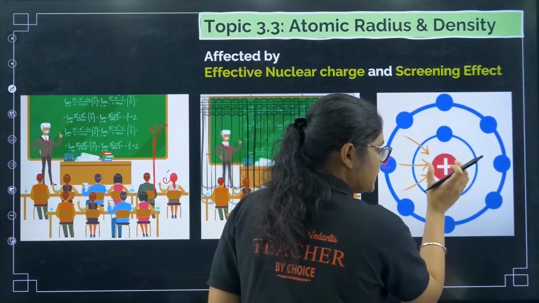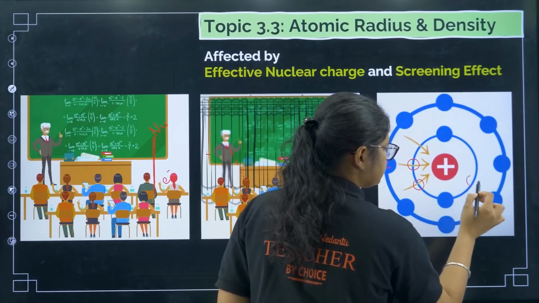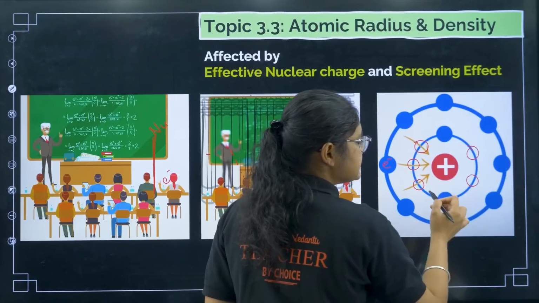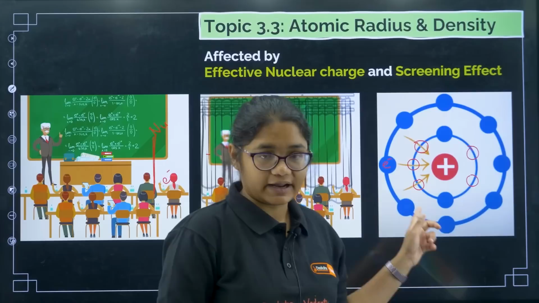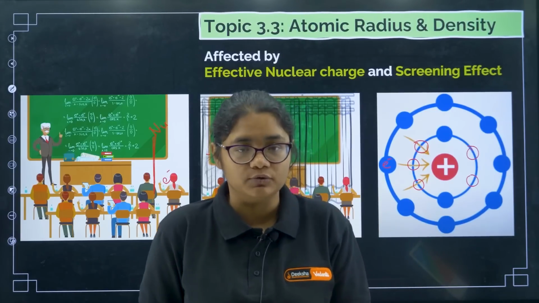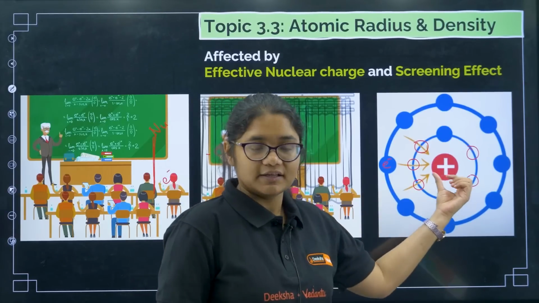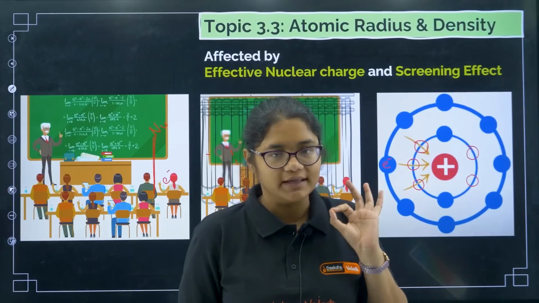Now when between this nucleus and the last electron there are more electrons present, what will these electrons do? They will definitely hinder the nuclear force. So this last electron will experience less nuclear force or less attraction towards the nucleus. So the effective nuclear charge will decrease. That is your screening effect.